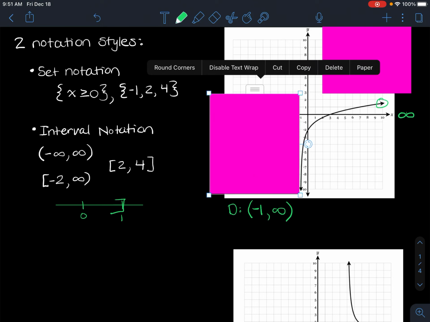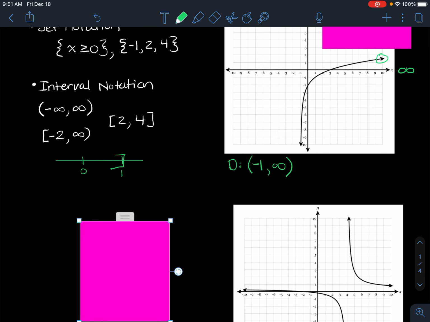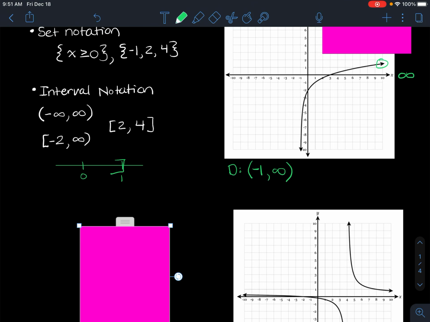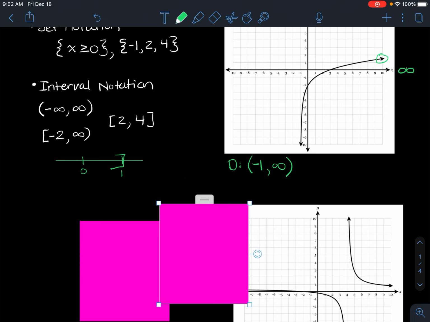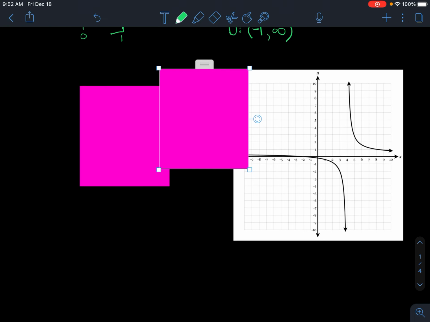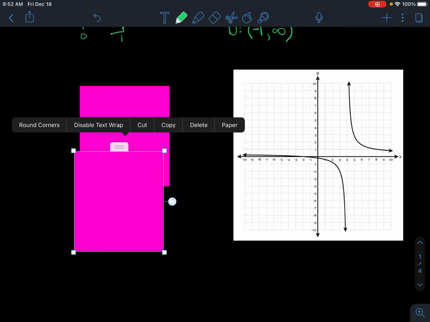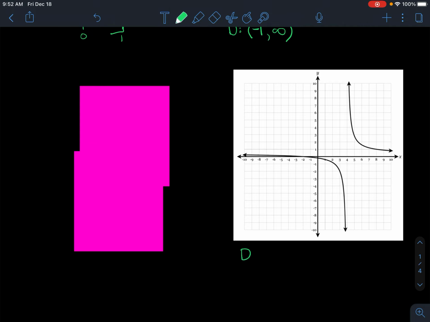Let me bring my sticky notes down here. Okay, so let's look at this example. So I have this graph here. Let me move this guy out of the way. And I want to find the domain, okay? So I'm going to start from the left and move to the right. So this arrow right here means that this graph is going to the left all the way. It doesn't stop.